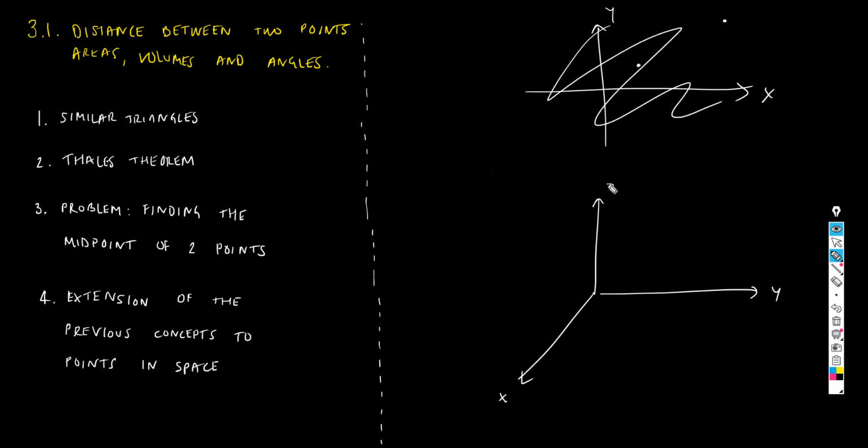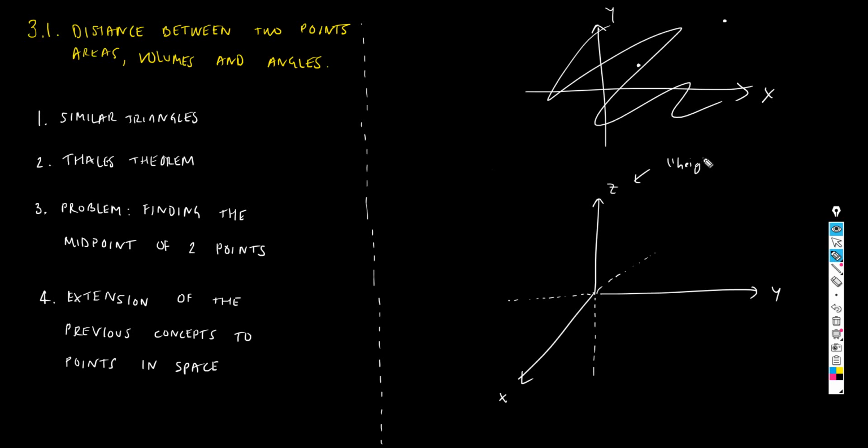I don't know if you have seen this drawing. It goes like this. This is what is known as a Cartesian system in 3 dimensions. It's basically an extension of this idea into 3 dimensions with height, so to speak.